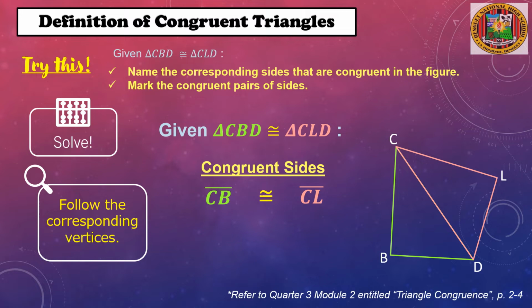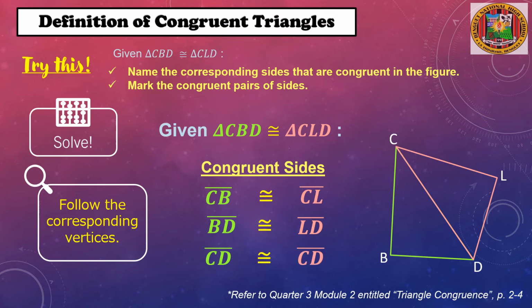Notice that we begin the naming of the sides with the corresponding vertex C. Next, we name line segment BD, which is congruent to line segment LD. Note that we follow the corresponding vertices B and L and D. Finally, we name line segment CD, which is congruent to line segment CD.